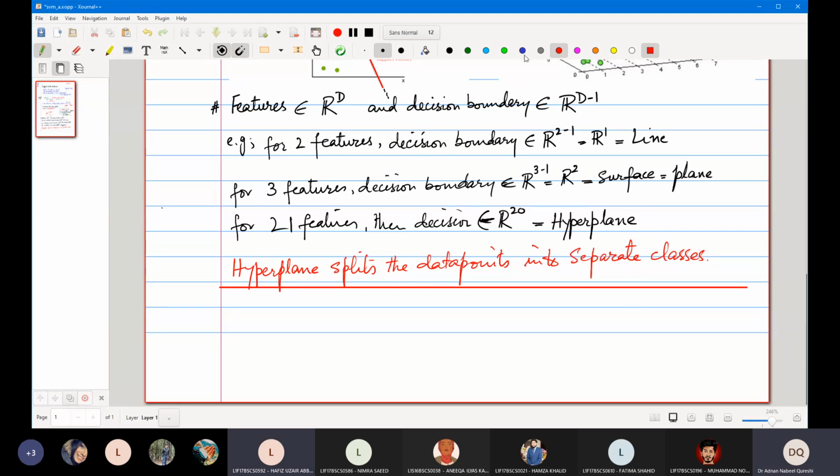अगर हमारे पास एक वेक्टर है, let's suppose we have a vector like this and another vector like this. एक को हम कह देते हैं वेक्टर ए, इसको कह देते हैं बी.